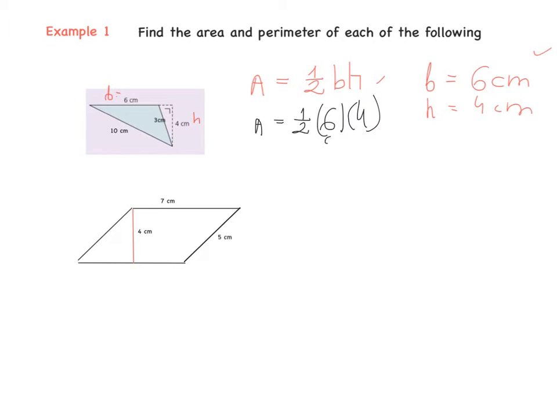And then we have centimeters and centimeters, okay? So we have half of 6, that's 6/2, that's 3, and 3 multiplied by 4, it's 12. And then we have centimeters multiplied by centimeters, okay, and that's centimeters squared.